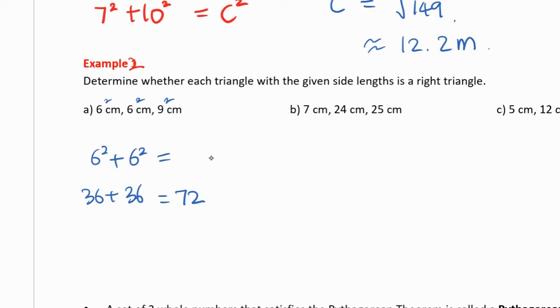What is 9 squared? 9 squared is 81. So 72 is not 9 squared. Therefore, this is not a right triangle.